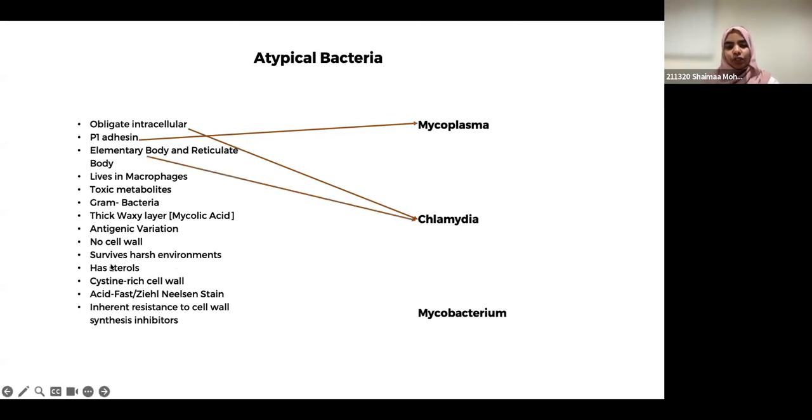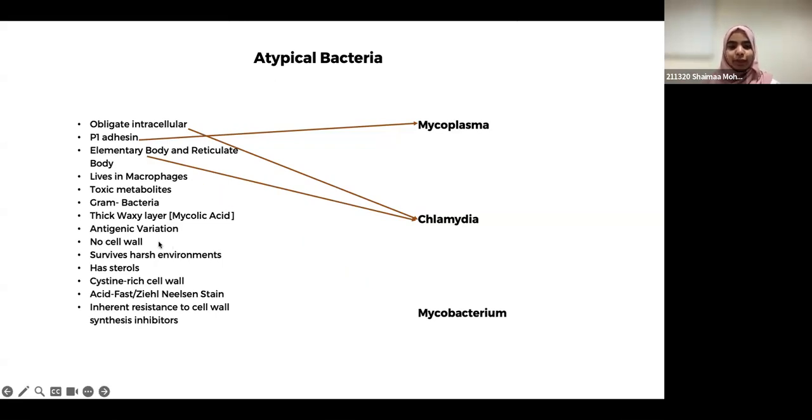Chlamydia. And which one is the infective and which one is the vegetative? Elementary is infective, yes. So the reticulate is going to be the vegetative, okay.